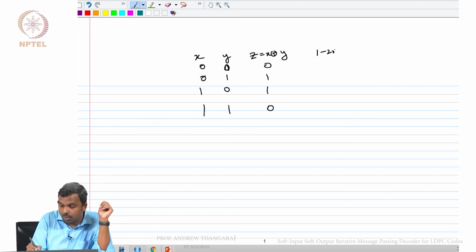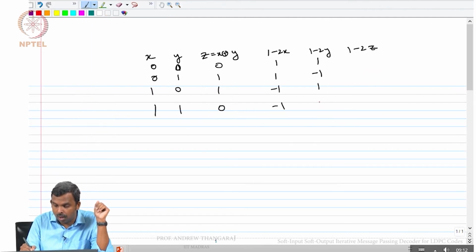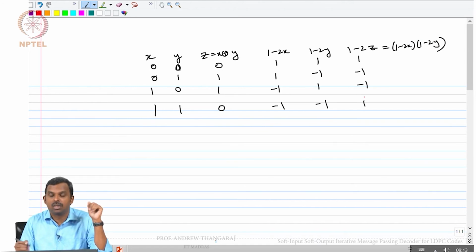If you look at 1 minus 2x, 1 minus 2y and 1 minus 2z, like the BPSK modulation, so to speak, you have 1 1 minus 1 minus 1, 1 minus 1 1 minus 1, and if you look at 1 minus 2z, you get 1 minus 1 minus 1 1, which is actually equal to 1 minus 2x times 1 minus 2y. You can multiply these two and you get this. So, after BPSK the XOR becomes multiplication.